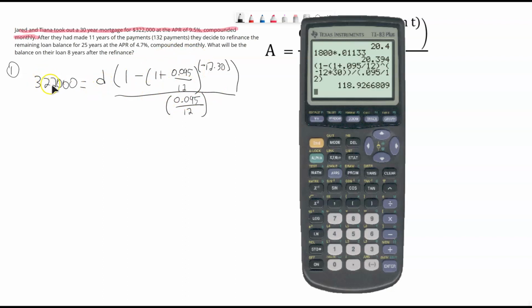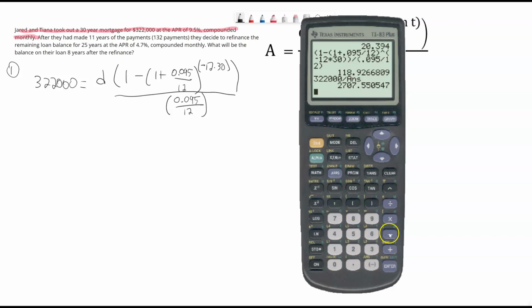So we have 322,000 equals D times this. So to solve for D, we need to divide this into the 322,000. It's easiest done without rounding using the answer button on your calculator. If you had to store that value in your storage system, this calculator also has a store, then you could do it that way. But the answer button, if you have one, is a temporary storage for the last thing that you worked out.